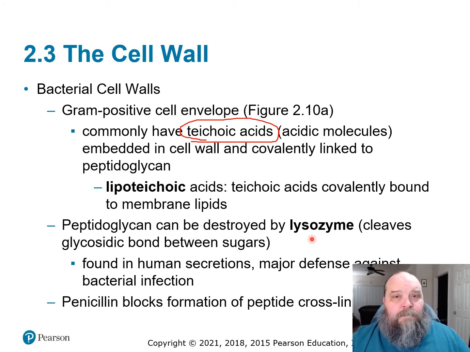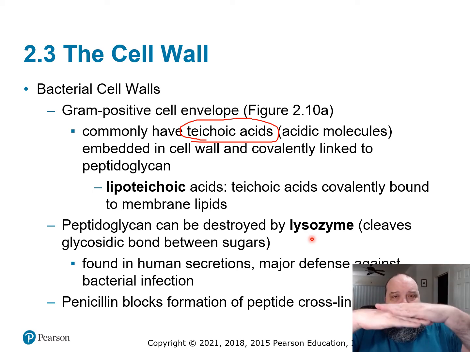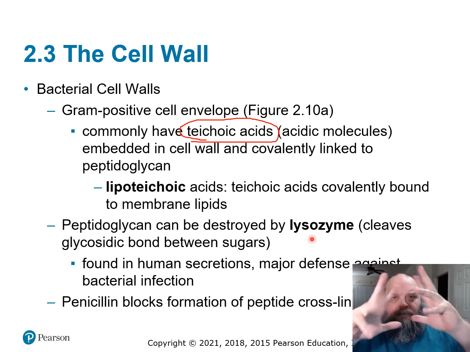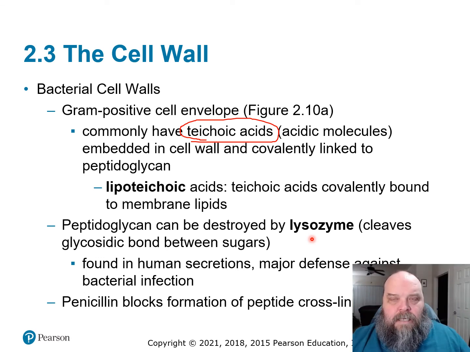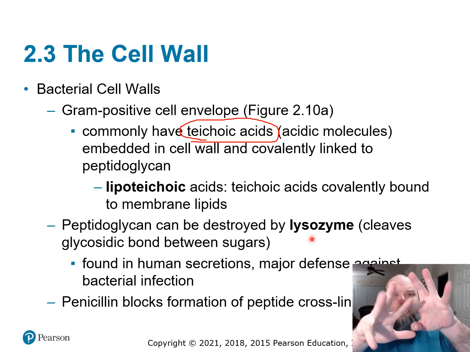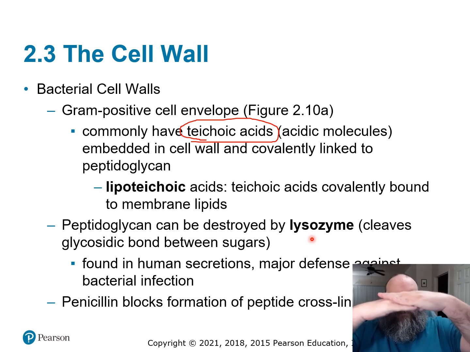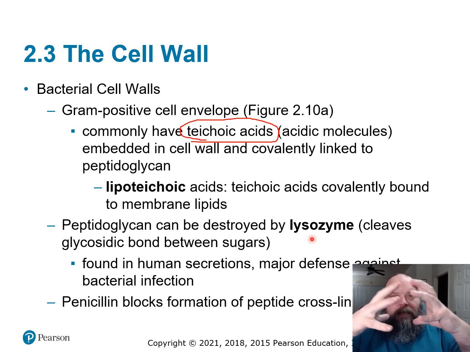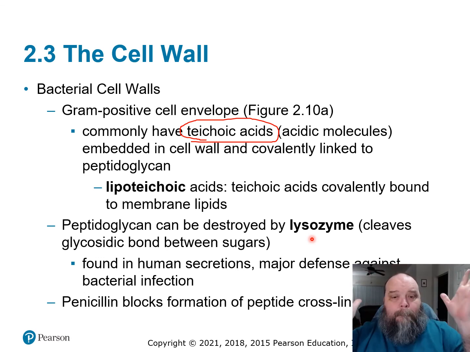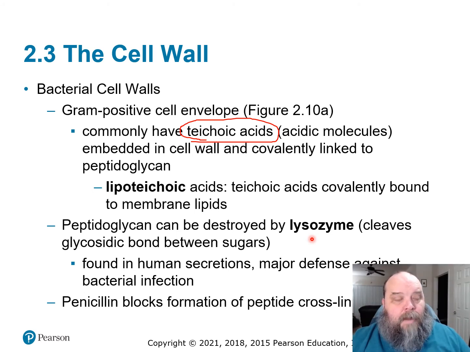It starts randomly cutting that glycosidic linkage between sugars. So instead of a nice wall, you get this very chaotic mess of sugars attached to each other, and they're not firm. Thus, the cell can now swell and collapse and will ultimately pop.